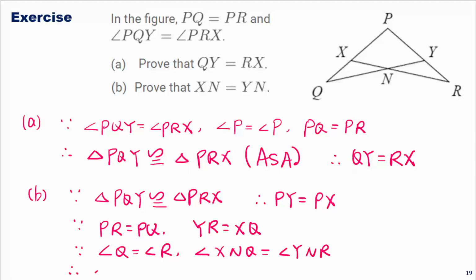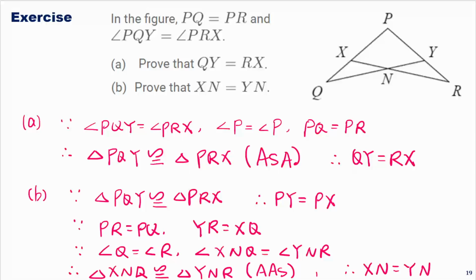Therefore, we have triangle XNQ must be congruent to triangle YNR by AAS congruence, right? And therefore, the corresponding parts are also congruent. We can prove XN equals YN. Okay, have a look at the solution here. Any questions, just let me know, okay?